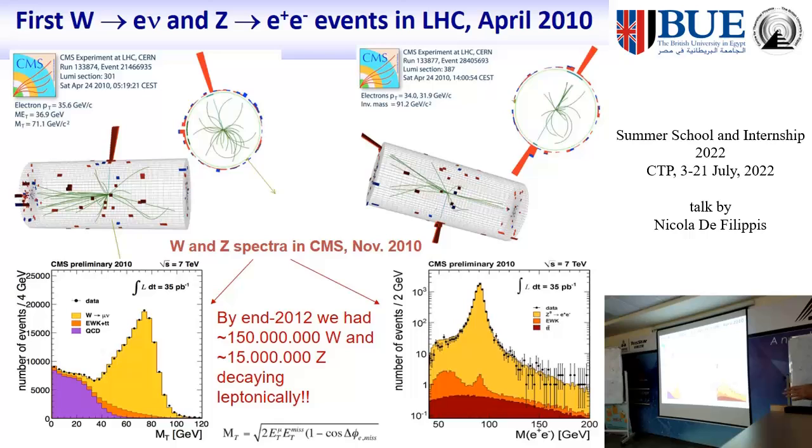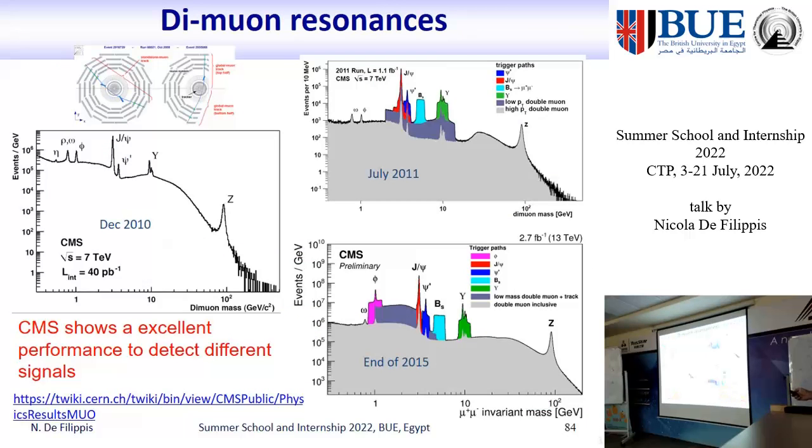Why? Because of balancing the energy momentum in the transverse plane. So, I mean, the statistics of W and Z was enough to discover again those standard candles.